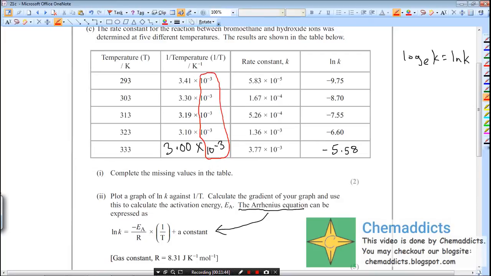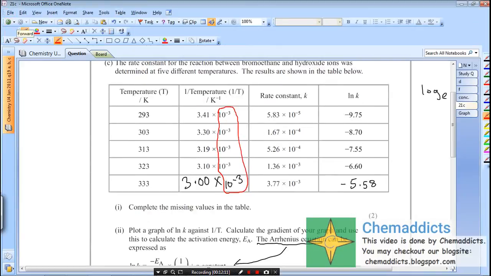Now we have values like 3.41, 3.30, 3.19, 3.10, 3.00. We can see that there is roughly 0.1 difference here. So let's see how we have carried out the scaling.